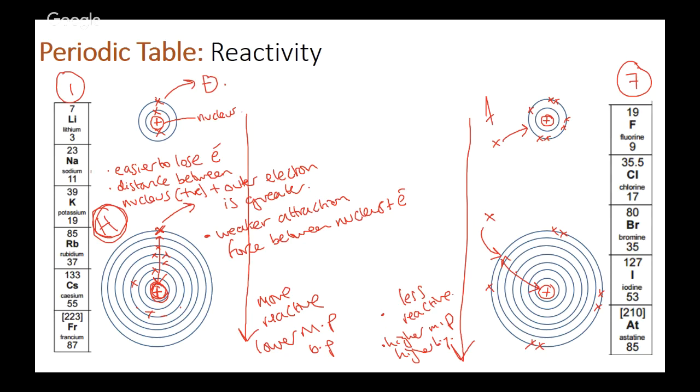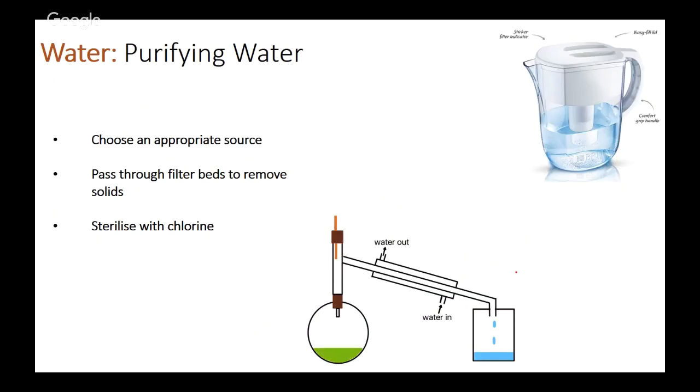Moving on to water then. First of all, really important for human life is drinking water. It must have low levels of salts and microbes in it. In order to do that, you need to follow these steps.